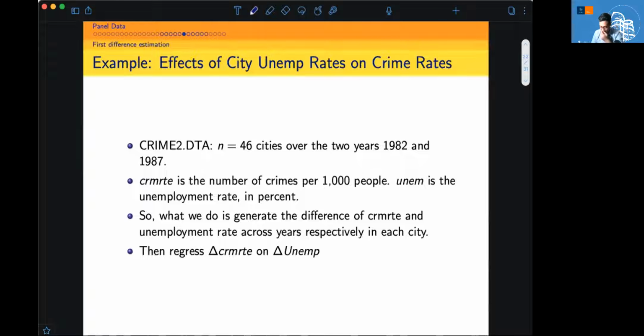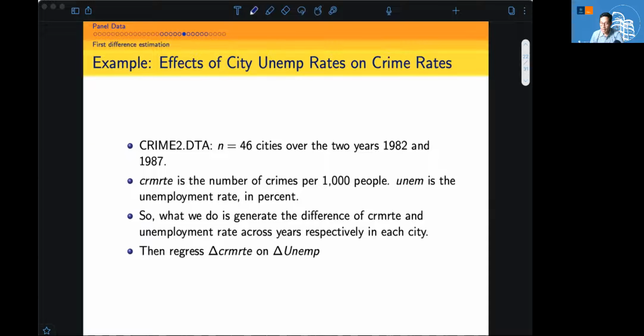All right, so let's take a look at an example. It's a very interesting example, and I'm going to provide you with an illustration that ignoring the rich panel data set and just using pooled OLS is going to provide you with a biased estimate of the effect of a particular variable.